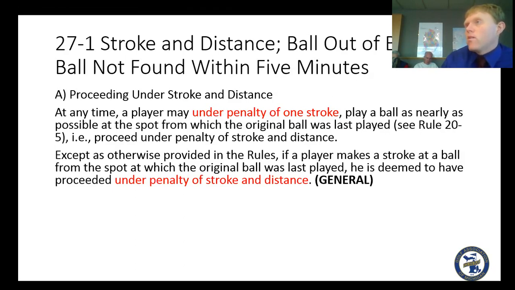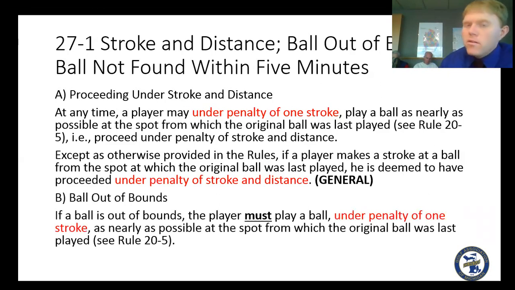We can hit another ball from the spot where we last played from, but it doesn't always necessarily become the ball in play. If we play 2 balls, that's also a situation where we're not necessarily always going under stroke and distance, but every other time we are going to be going under stroke and distance when we play from where we last were.